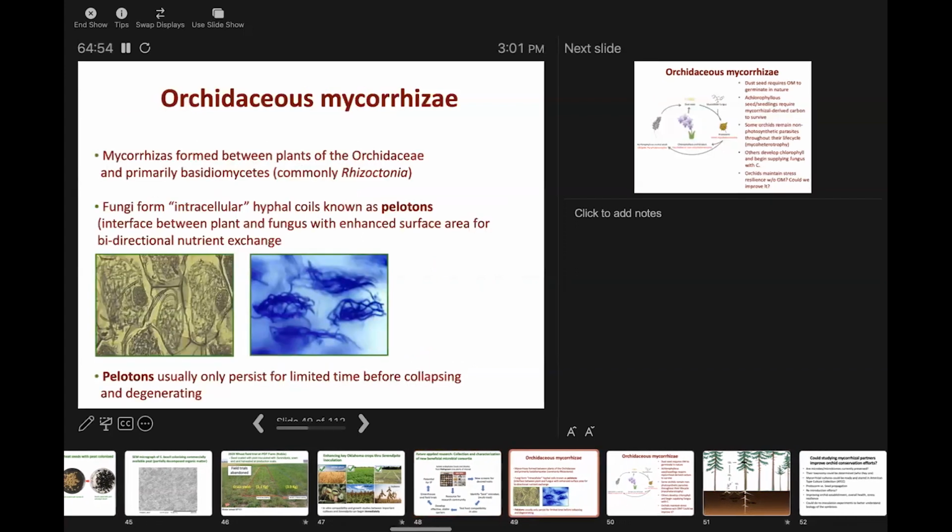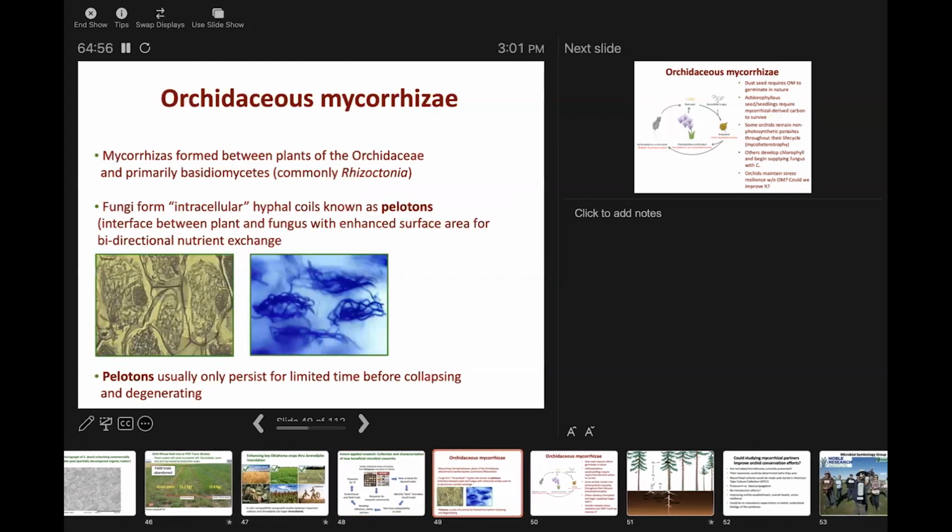Now, here we are, orchid mycorrhiza. I'm sure you guys know this. These are the sorts of fungi that actually colonize the roots of orchids. Now, instead of the arbuscule, the tree-looking thing, or the bulbous hyphae, in orchids, the fungus forms what's called pelotons.